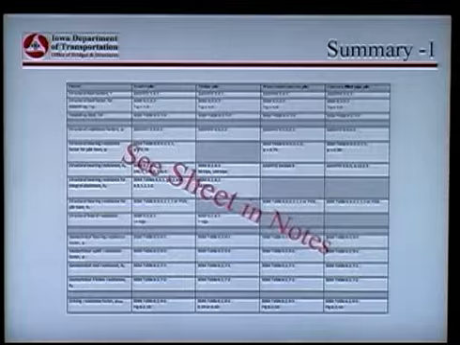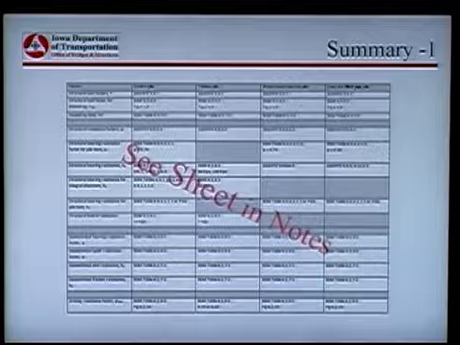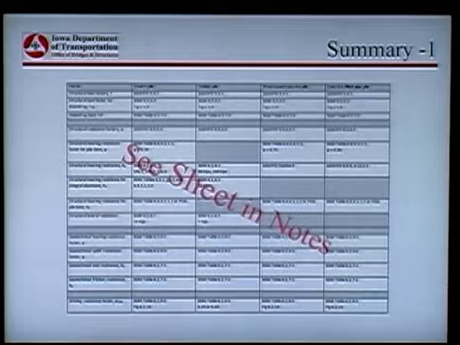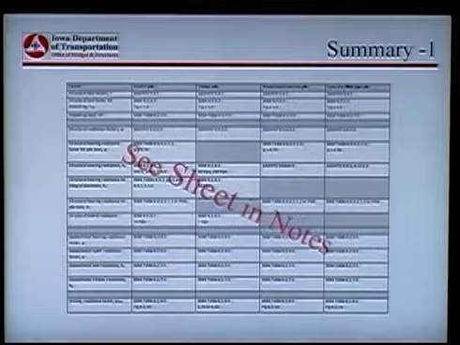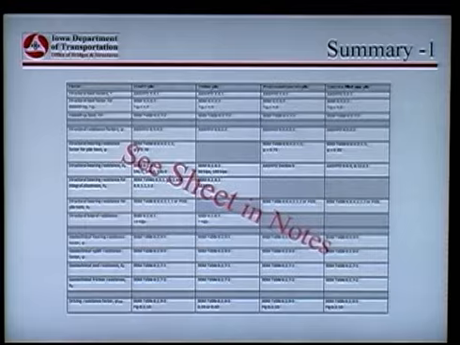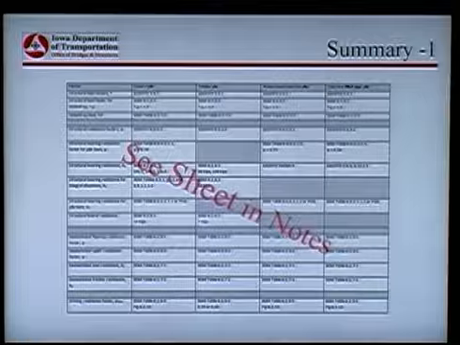And where you see the gray stuff, well, we don't have any information on that. If you want to use something under those conditions, you're on your own. You need to get some information, or in the case of the integral abutment condition, we definitely don't recommend pre-stressed or concrete-filled pipe pile.